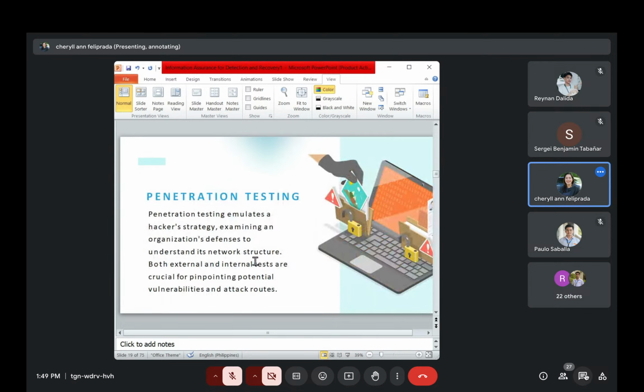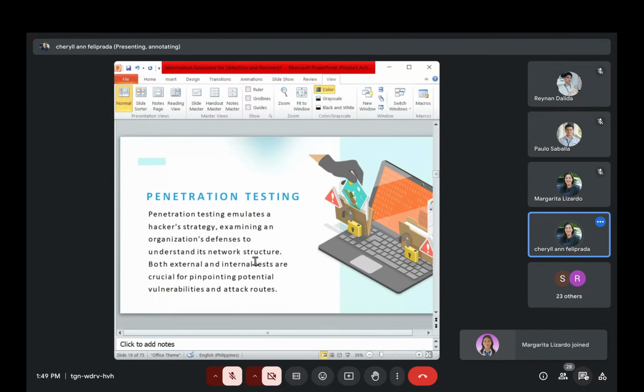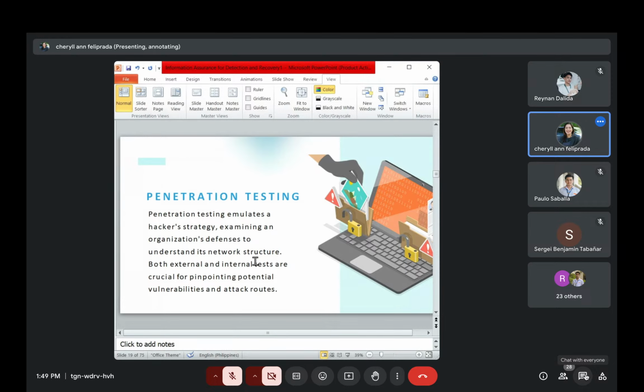Next tool is penetration testing. With this kind of tool, it emulates hacker strategies, examining applications to understand their network structure. Both external and internal tests are crucial for pinpointing potential vulnerabilities and attacks.